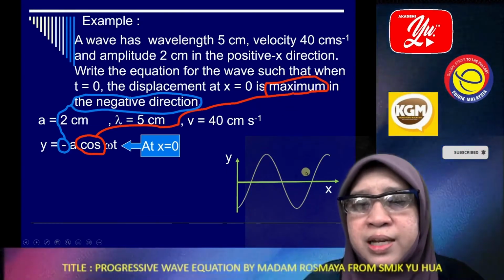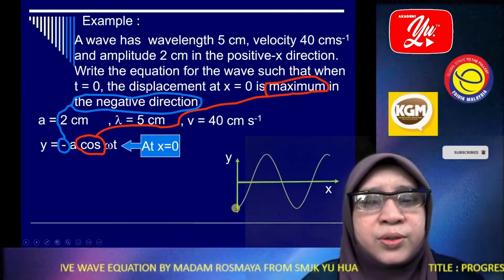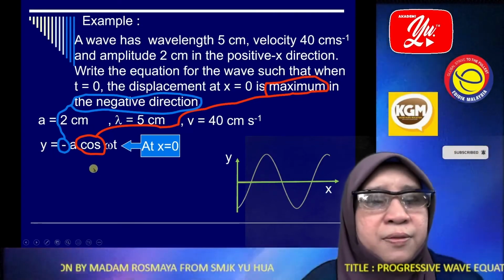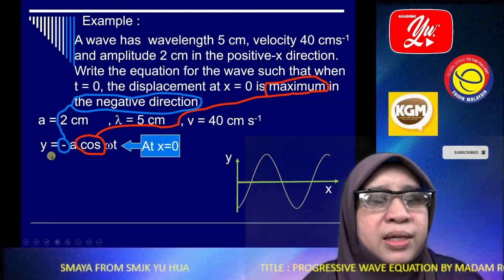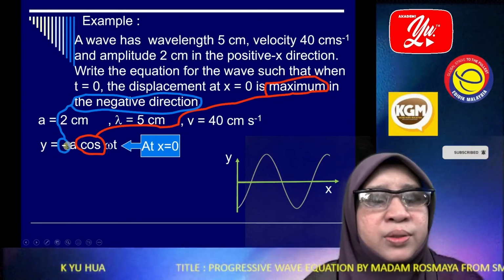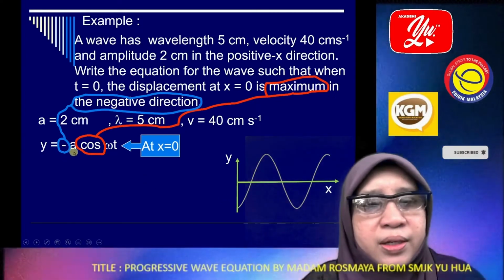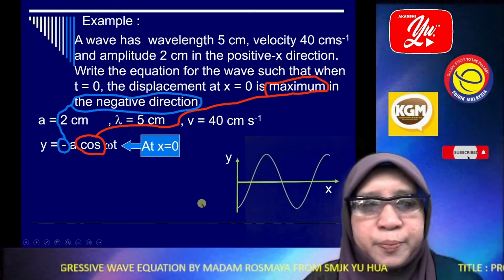If the wave is like this shape, this is the trough of the wave, so it forms a cosine graph. For a cosine graph, the equation at t equals 0 will be y equals negative a cos omega t, where the amplitude is a, so it's negative a.